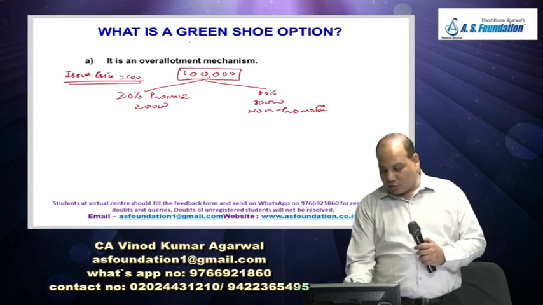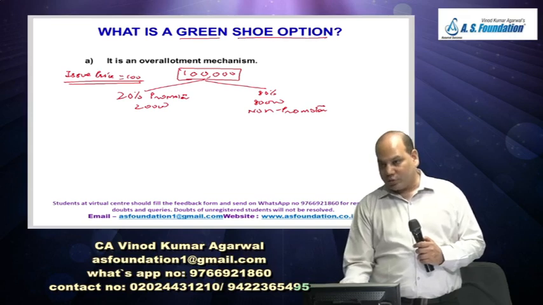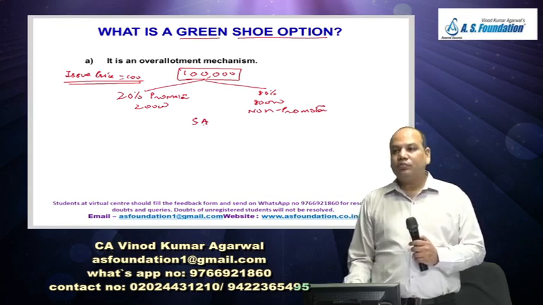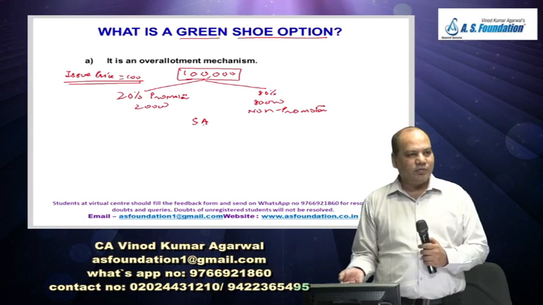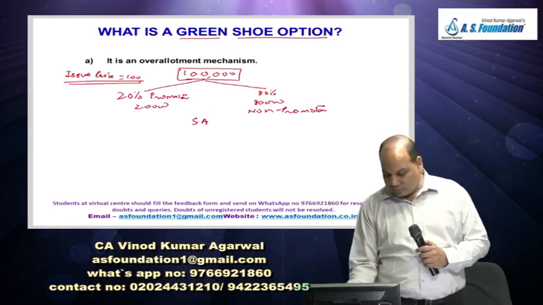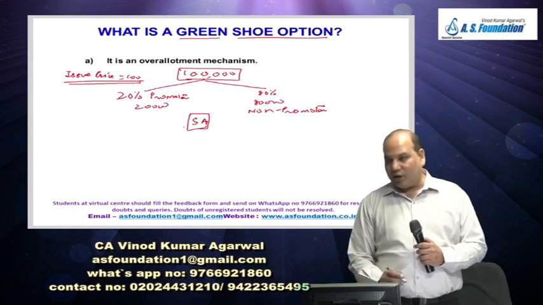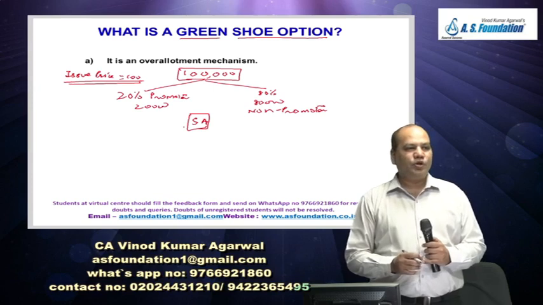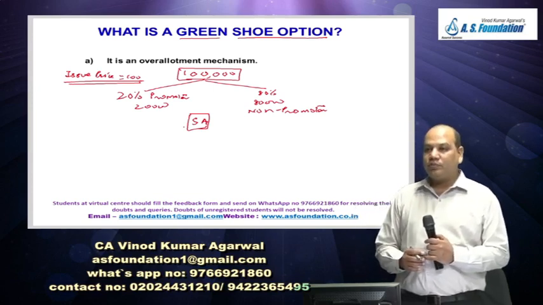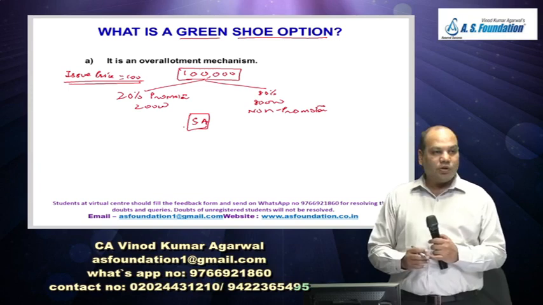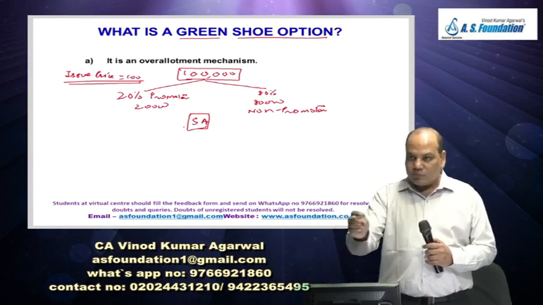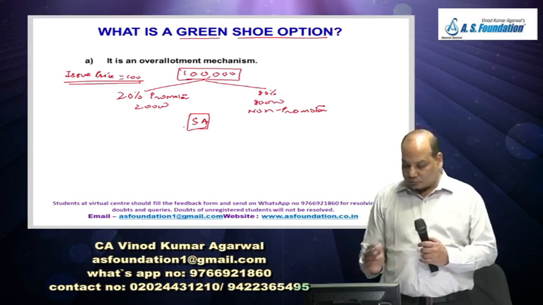And this is subject to green shoe option. So the company will appoint one stabilizing agent, usually the underwriter or the merchant banker. Under the SEBI guideline, green shoe option is only possible up to 15% of the issue size. So what is my issue size? 1 lakh shares. 15% of 1 lakh, 15,000.